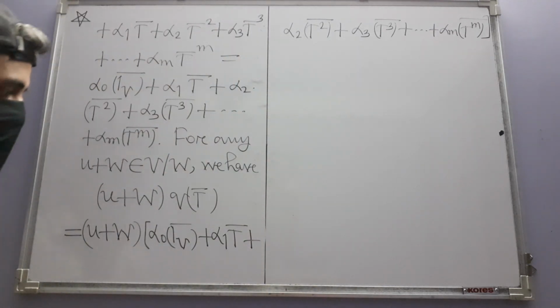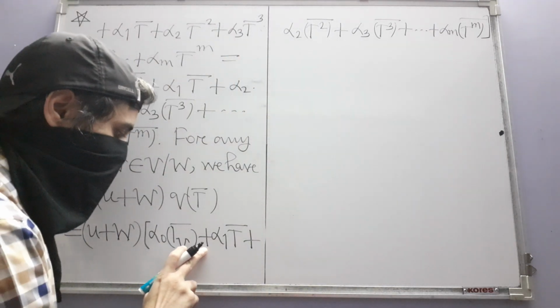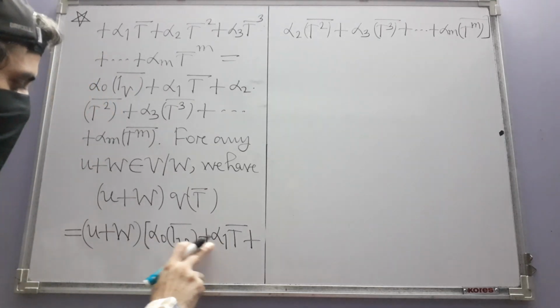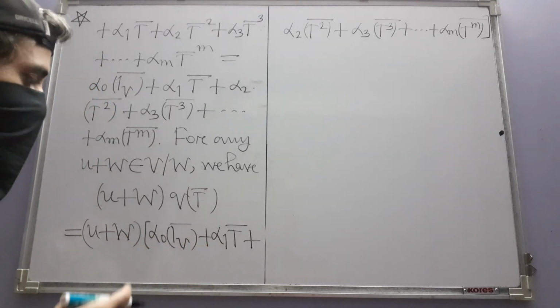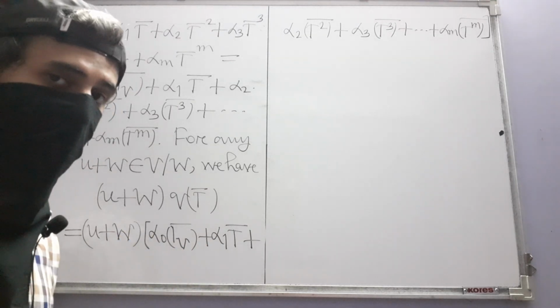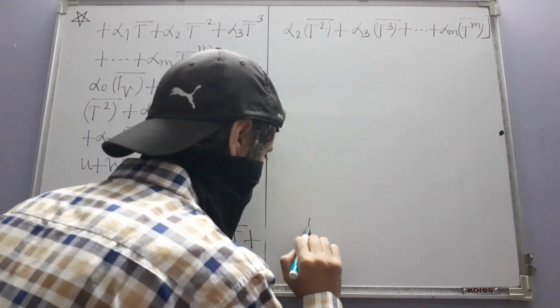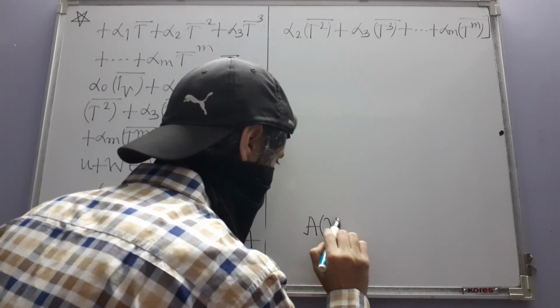Now by the definition, okay. Now what is this plus and this scalar multiplication? These are operations in what? In this algebra.